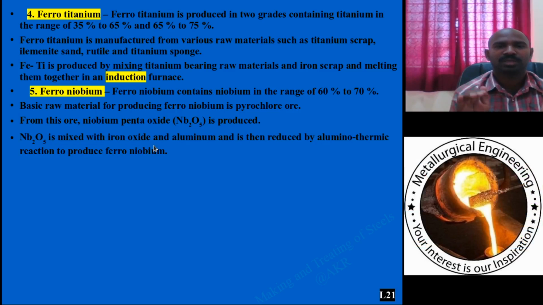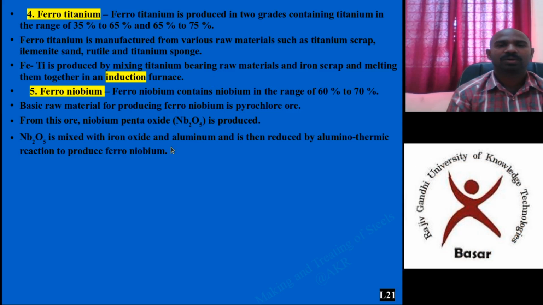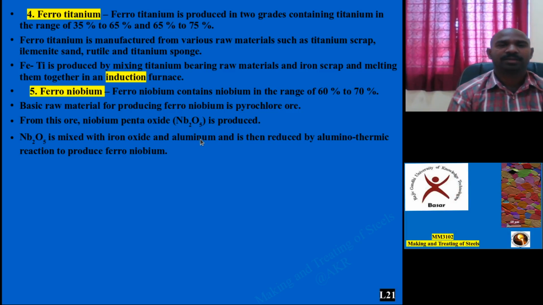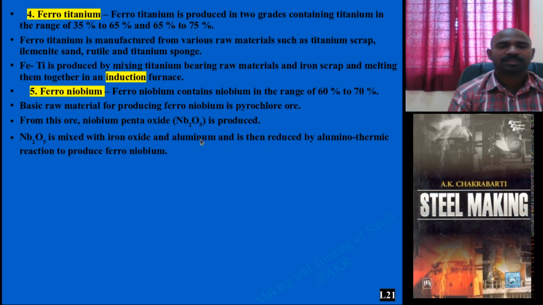Nb2O5 is mixed with iron oxide, and aluminium is added. All these processes are aluminothermic reduction processes. That is why you add aluminium instead of carbon. Remember this conceptual point, which is very important for GATE examination and viva questions: the principle of the aluminothermic reduction process.